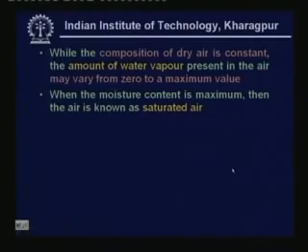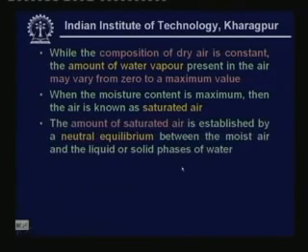When the moisture content is maximum, then the air is known as saturated air. The state of saturated air is established by a neutral equilibrium between the moist air and the liquid or solid phases of water. So when you say that the air is saturated, that means essentially there is a neutral equilibrium between the moist air containing water vapor and liquid water or solid, that means equilibrium between liquid water and moist air, or between ice and moist air.